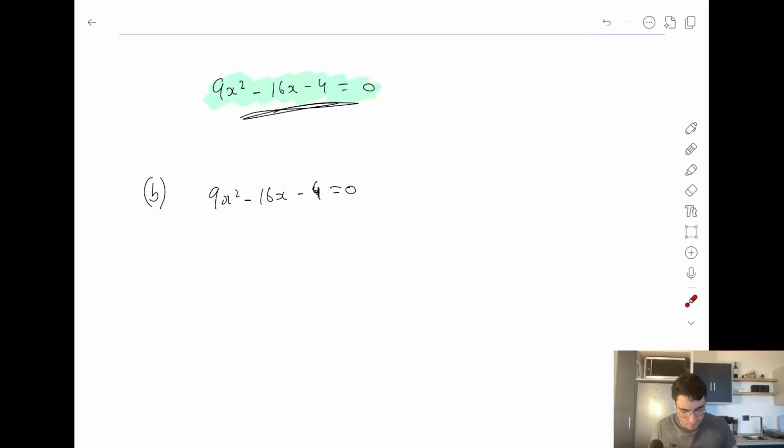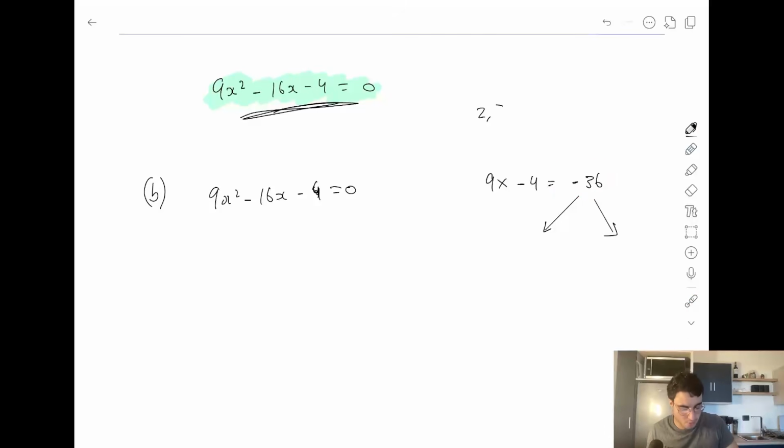Now if we do 9 times negative 4, that's going to give me negative 36. What can negative 36 be broken down into? Well, remember, whenever we're breaking down something like this, we go via prime factors.